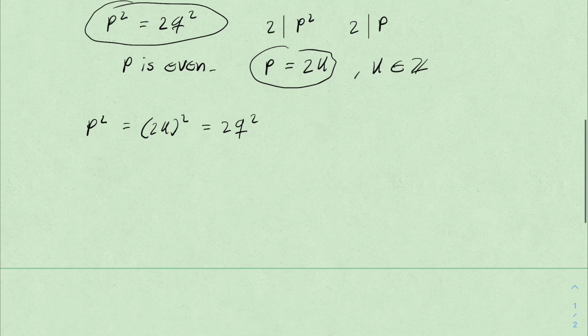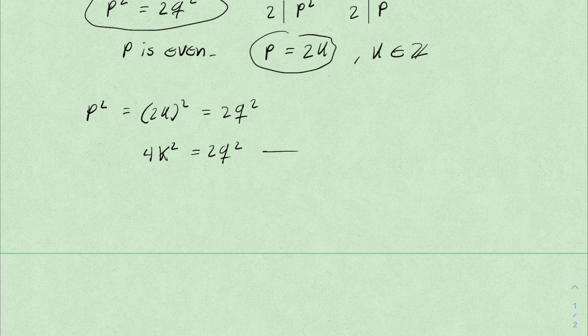And we can go ahead and square what's inside the brackets here. So this is going to give us 4 times k squared is equal to 2q squared. Now we can simplify this a little bit, and that's going to give us 2k squared is equal to q squared.